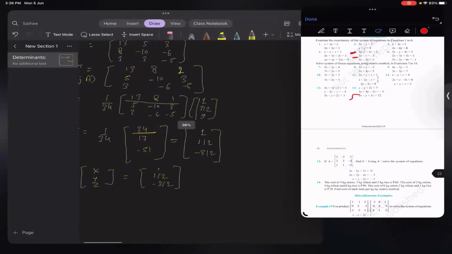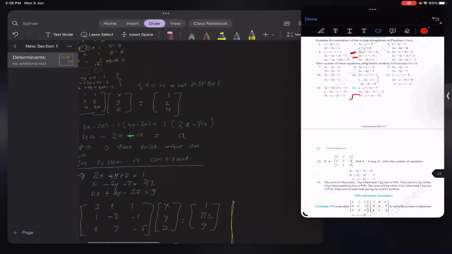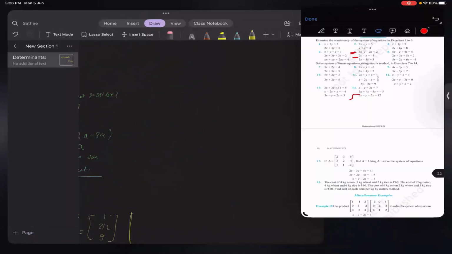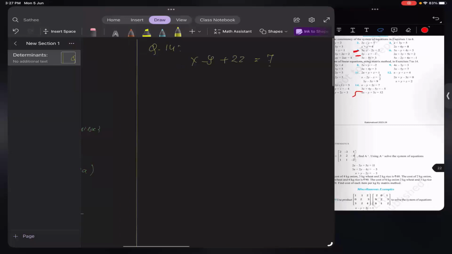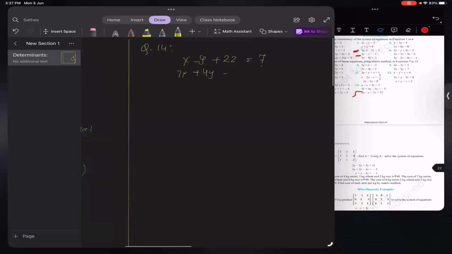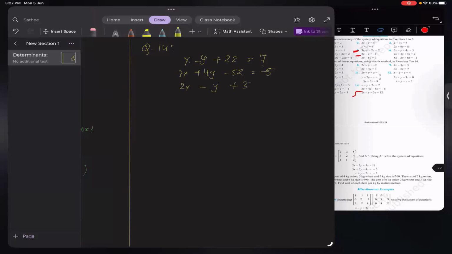So this is our final solution, and if we now move to the next part, let's pick another question, question number 14. Our question number 14 is x minus y plus 2z equal to 7, and 3x plus 4y minus 5z equal to minus 5, and 2x minus y plus 3z equal to 12.